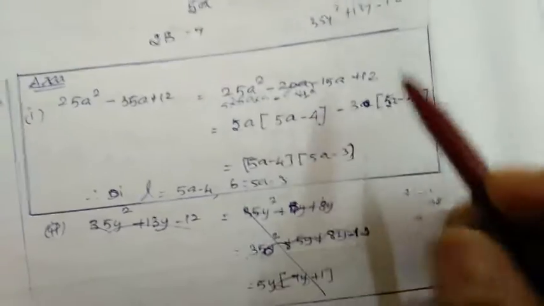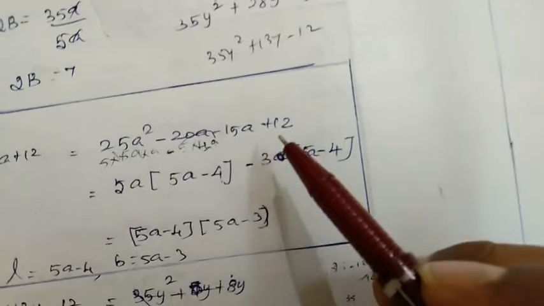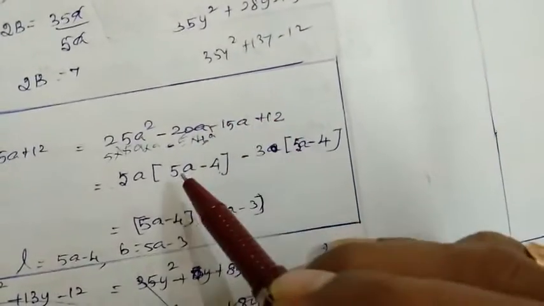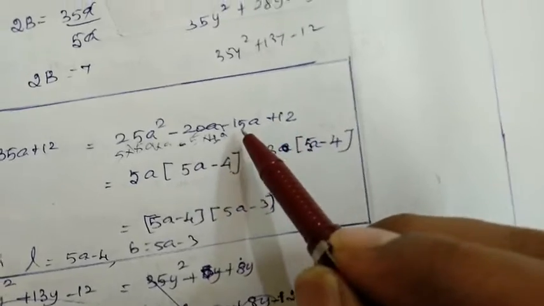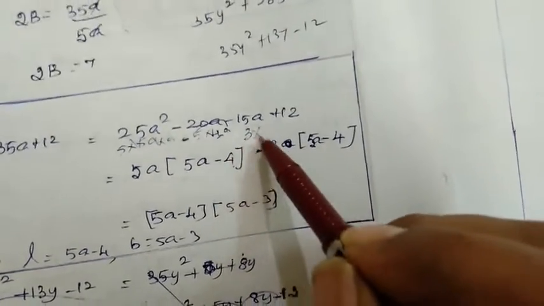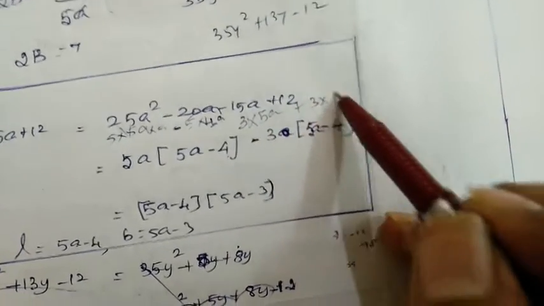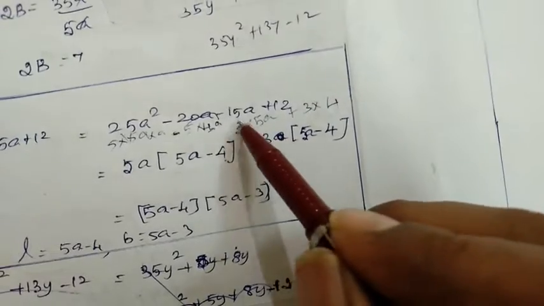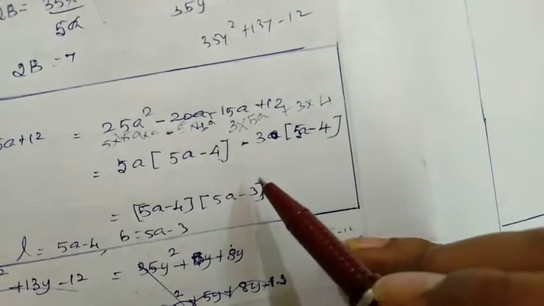Similarly here 15 and 12 are multiples of 3. Here it is minus and plus, so consider minus 3 as the common number. If we have minus 3, then we can write 3 into 5a plus 3 into 4. 3 we can take outside, 3 we can take outside, so 5a, here 4, right?